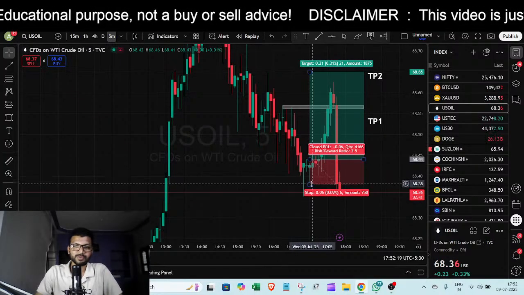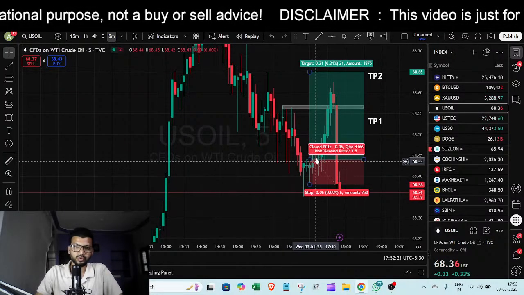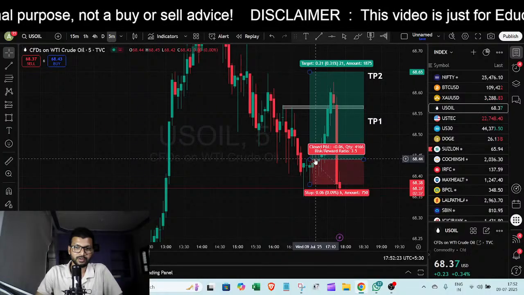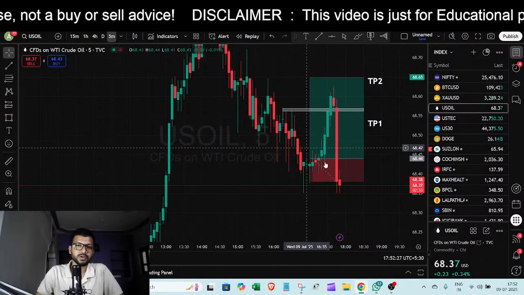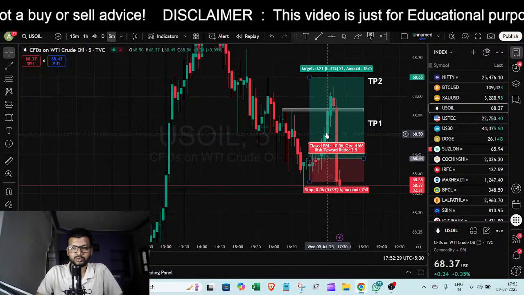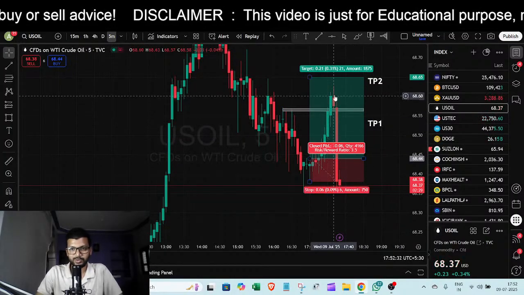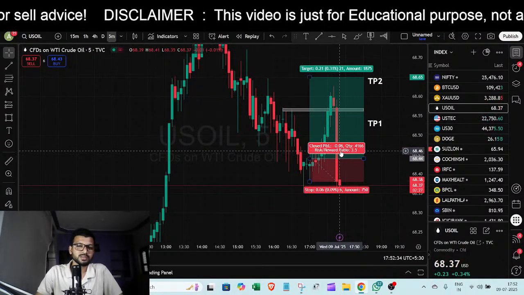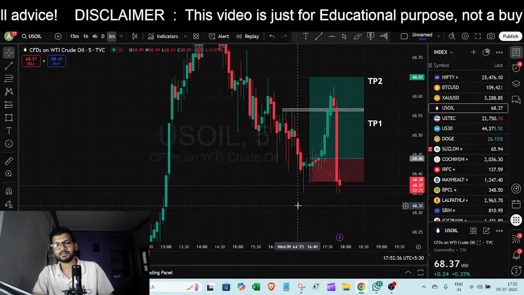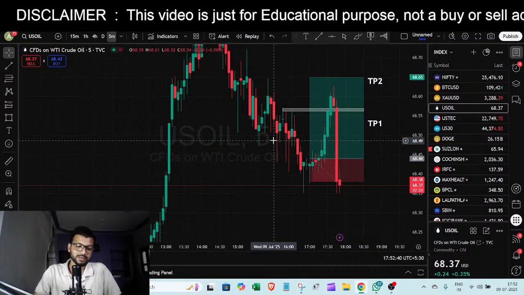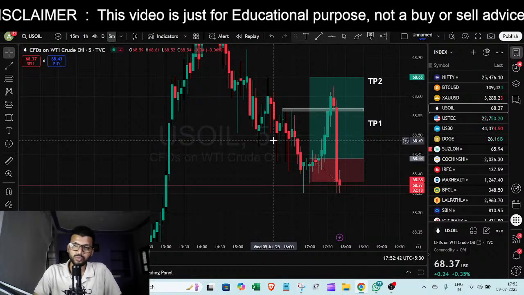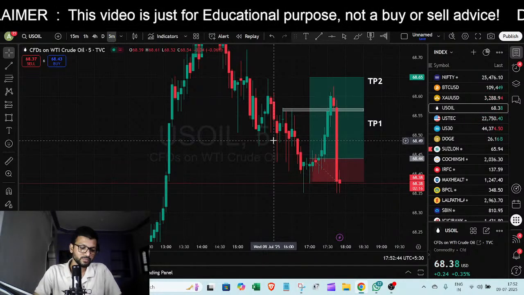We trailed our SL to cost, then we trailed our SL to TP1. So that's why we ended with a profit of 1:2 in this trade, even though the market reversed. So this is the use of trailing SL. You should always trail your SL from your SL to cost, then cost to TP1, then TP1 to TP2.